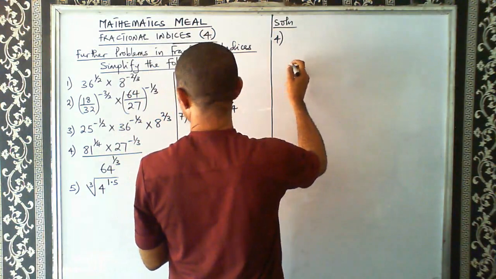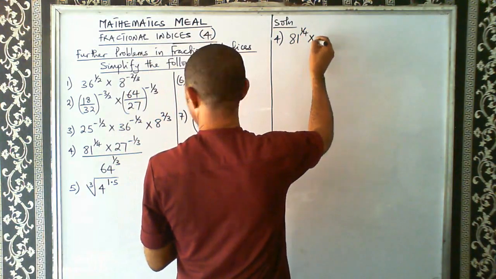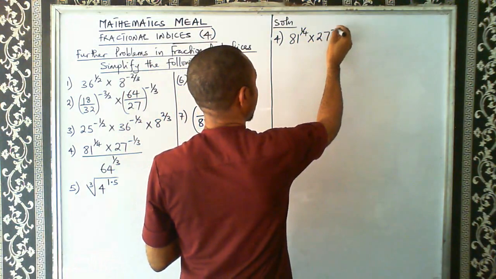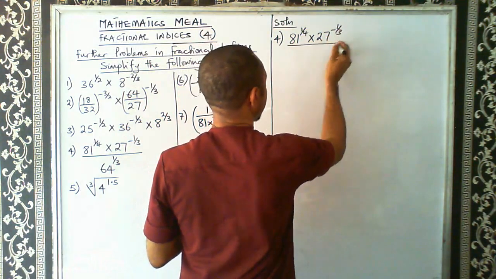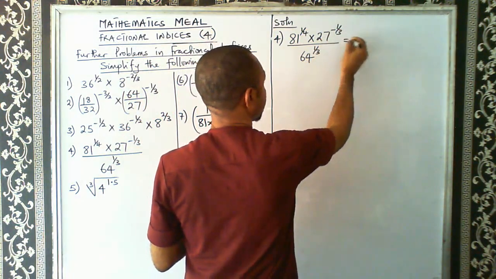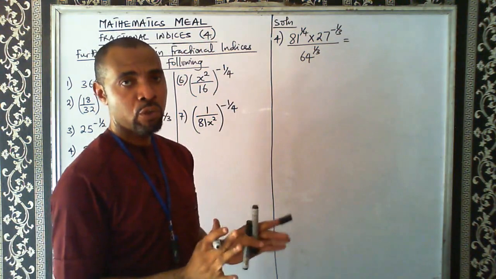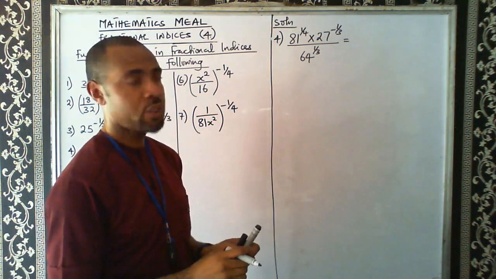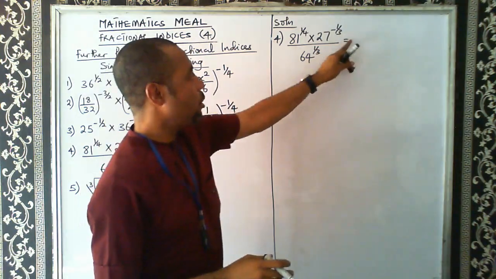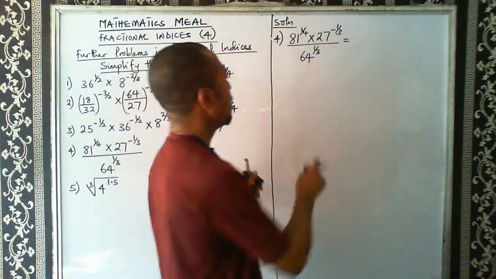We are asked to simplify 81 raised to power 1 over 4 times 27 raised to power minus 1 over 3 divided by 64 raised to power 1 over 3. If I'm the one solving, in order not to run into confusion, I can bring this up using division sign, but I can still do another thing. Let's see.